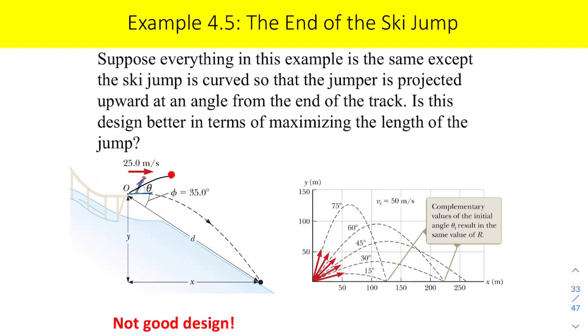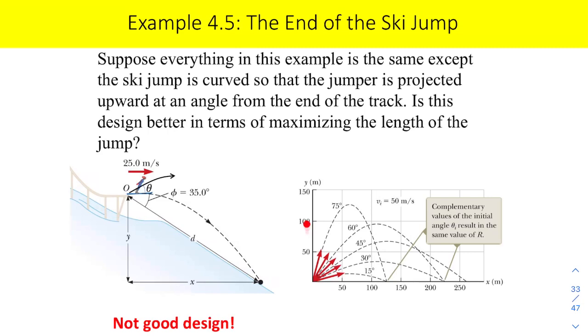So it's going to have both Vx initial and Vy initial. When you jump higher, with the two components, you will take a longer time actually. So in general this is not a good design. Longer time means shorter in terms of x.